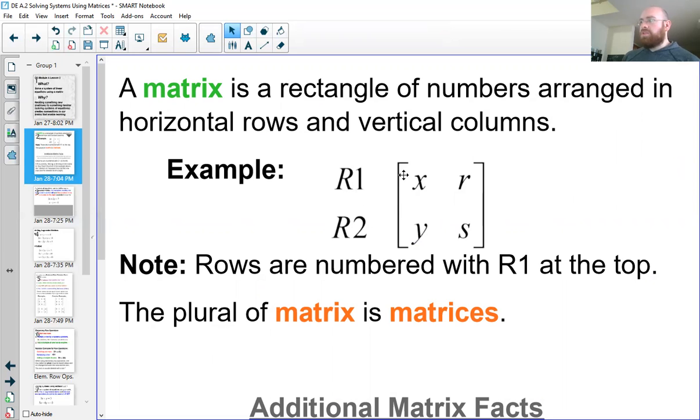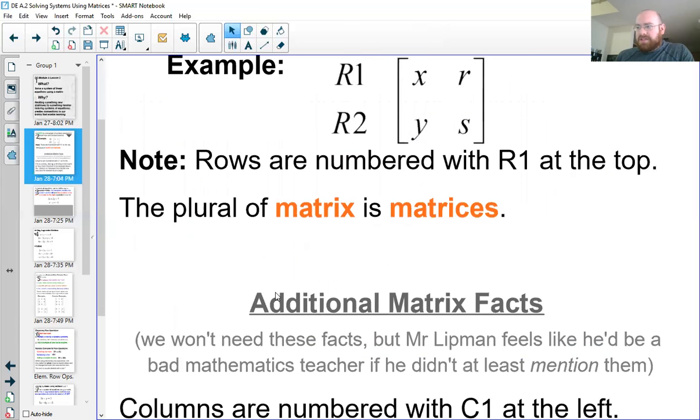Notice that these numbers are all surrounded by these square brackets that makes it a matrix. We also label row 1 as R1 and row 2 as R2. We always start with our first row and then go down second, third, and so on. The plural of matrix is matrices.